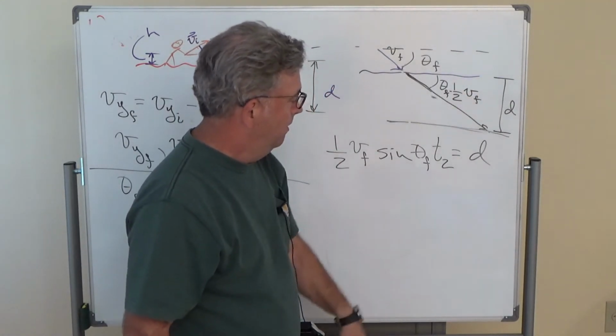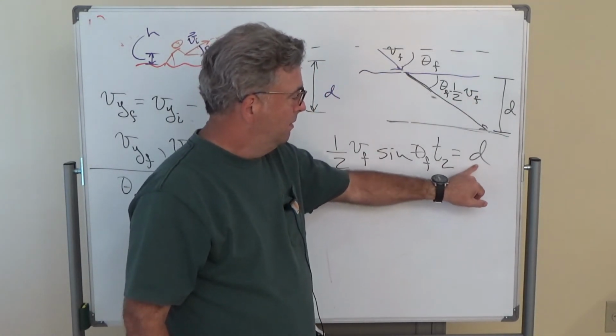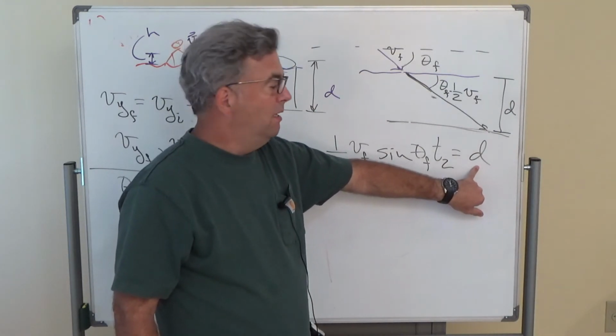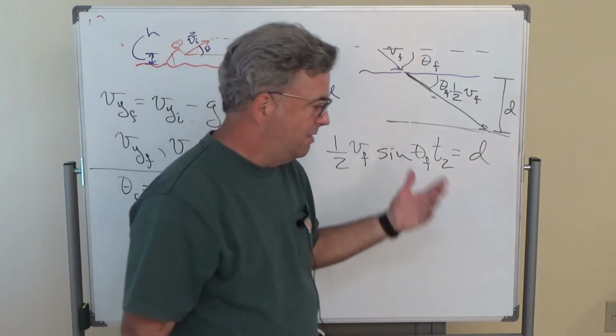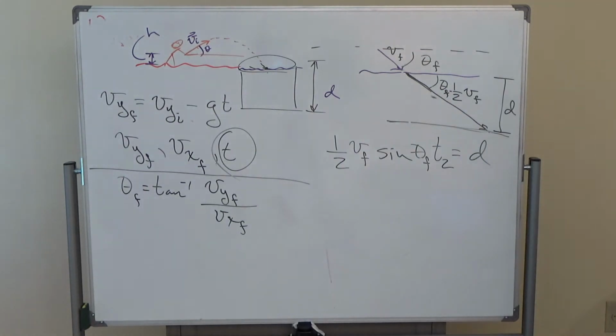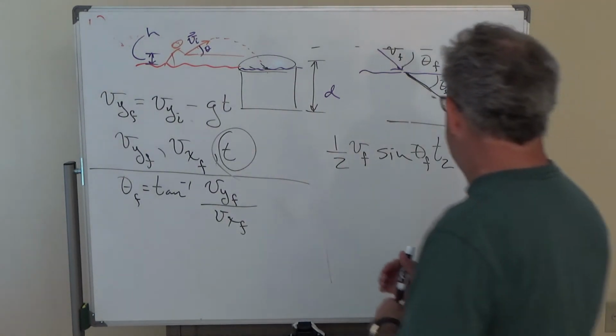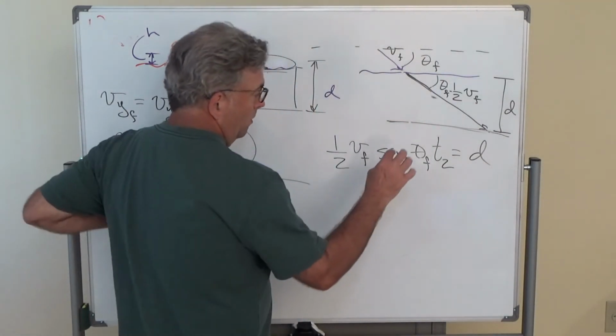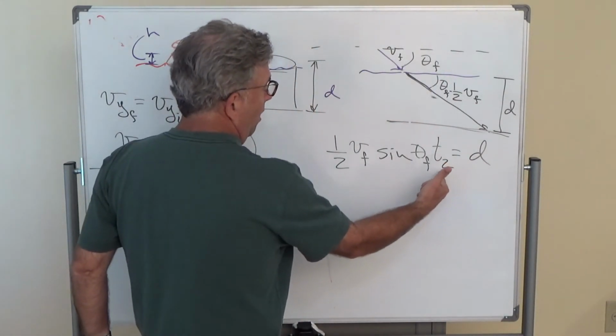That's this way. Times T2 is equal to D. We were given D. That's the depth of the well. In my problem it is 4.6 meters. So you can solve for T2.